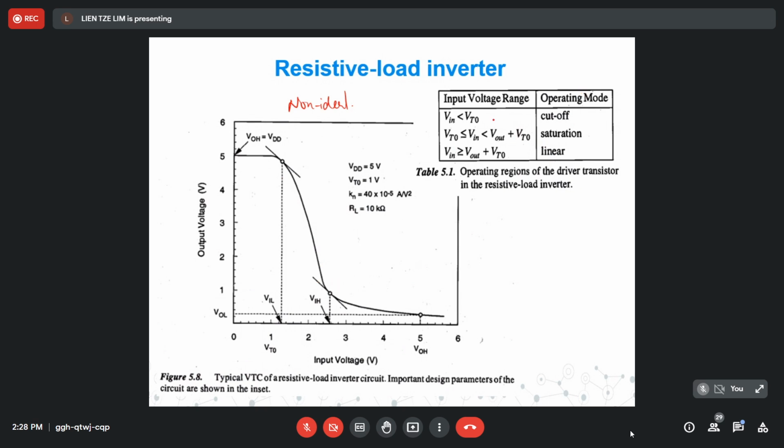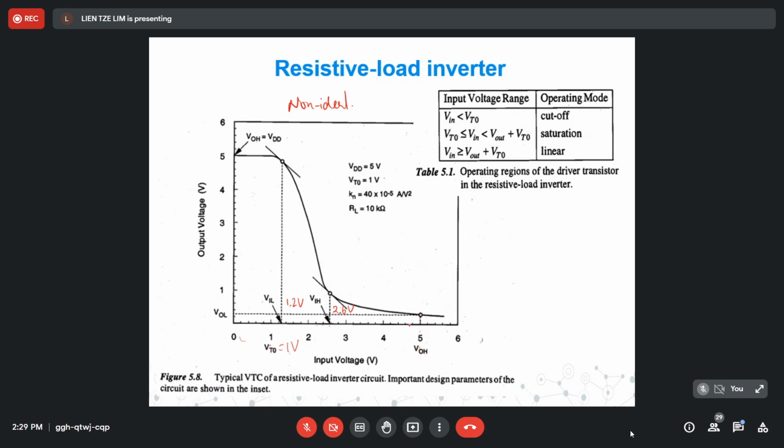You see the first condition is the input voltage below the threshold voltage. According to this VTC, the threshold voltage is 1 volt. VIL maybe 1.2, VIH here is 2.6, and then this is 5 volt, VOH, the maximum voltage.